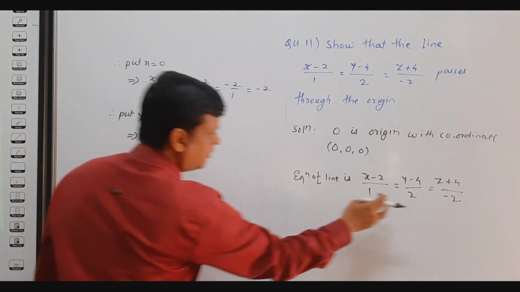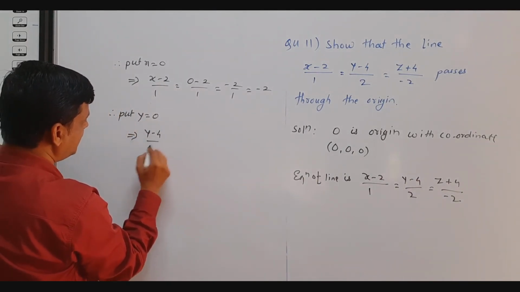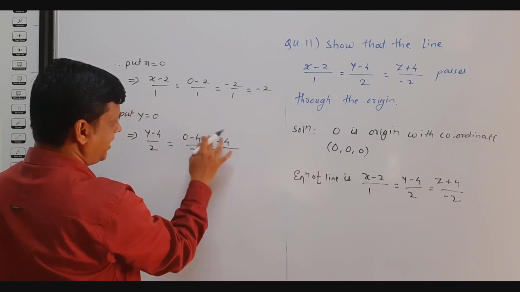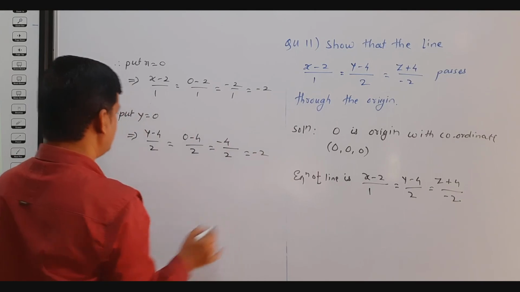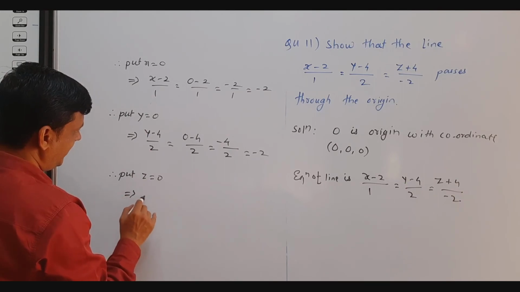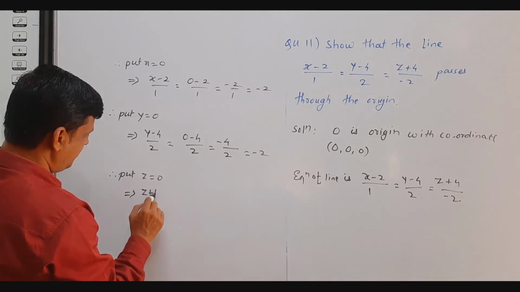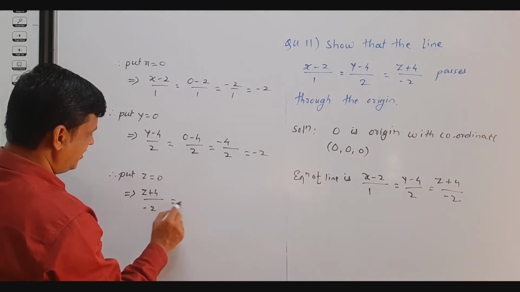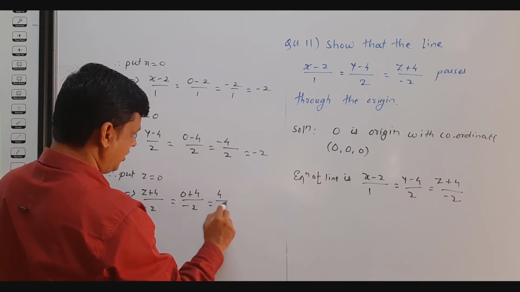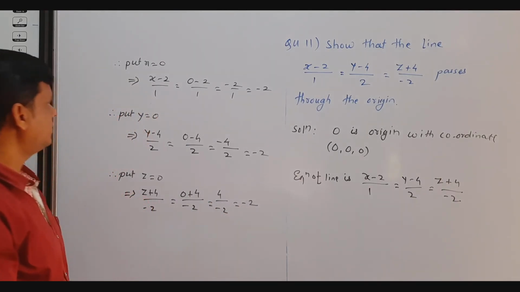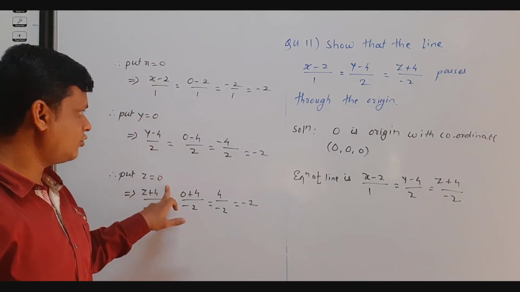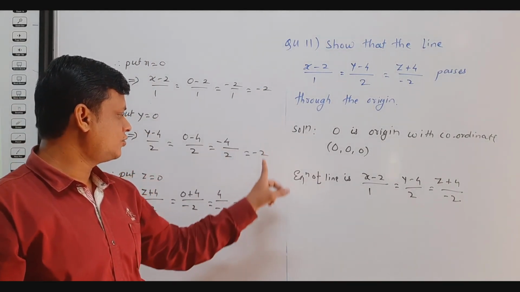That implies y minus 4 upon 2 is 0 minus 4 upon 2, which equals minus 4 upon 2, which equals minus 2. Then put z equals 0. That implies z plus 4 upon minus 2 is 0 plus 4 upon minus 2, which equals 4 upon minus 2, which equals minus 2. So for x equals 0, y equals 0 and z equals 0, we get the value minus 2, minus 2, minus 2.